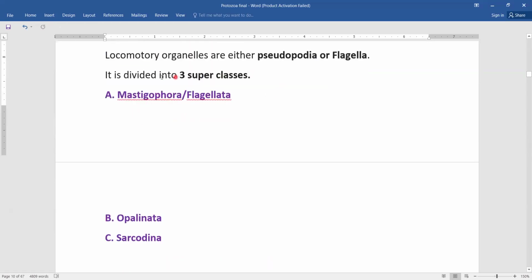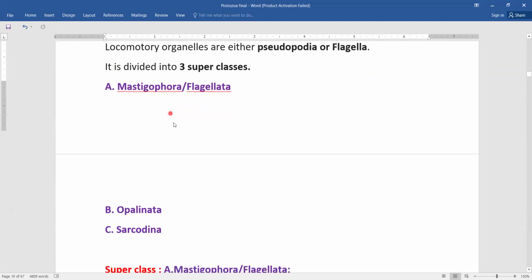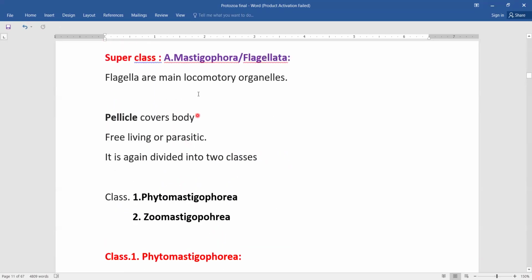Mastigophora అంటే అర్థం ఏంటి అంటే, మాస్టిక్స్ మీన్స్ ఫ్లాజెల్లా, ఫ్లాజెల్లాలను కలిగిన సూపర్ క్లాస్ అన్నమాట. ఫ్లాజెల్లాలు కలిగినటువంటి యానిమల్స్ ఇందులో ఉంటాయి అని అర్థం. Anyway, Mastigophora or Flagellata is again divided into Phytomastigophora and Zoomastigophora. ఇంతకుముందు వీటిని Phytoflagellata or Phytomastigophora, Zoomastigophora అని పిలిచేవారు.